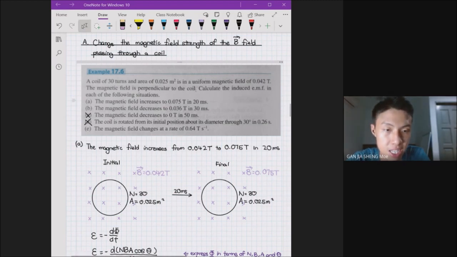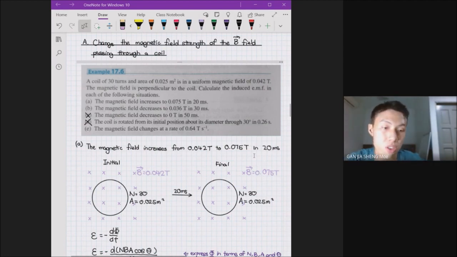Okay, next, calculate the induced EMF in each of the following situations. First is when the magnetic field increases to 0.075 Tesla in 20 milliseconds. So it means that over a duration of 20 milliseconds, your magnetic field increases from 0.042 Tesla to 0.075 Tesla.